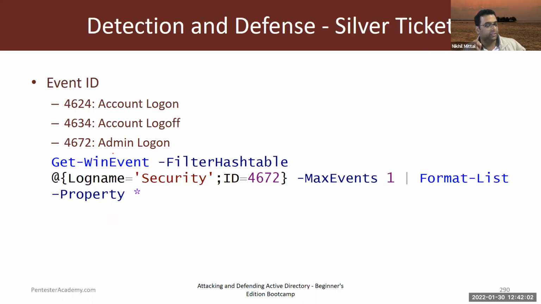In fact, silver ticket is so silent, unless you do something really stupid, like adding a user to the domain admin group, tools like MDI are blind to it. Unless you're doing something very noisy, a silver ticket would probably not lead to detection.